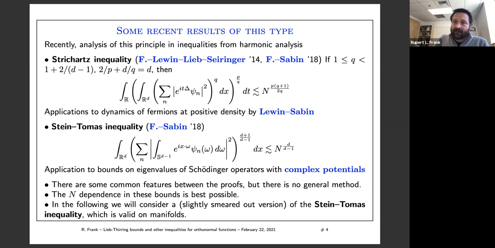And this gain that I quantify here, this power p divided by q plus 1 divided by 2q, you don't have to remember that, but it's an optimal power. So there is actually some heuristics that explain that you can achieve this, right? So I can come up with a sequence of functions where the left side grows exactly like n to that power.